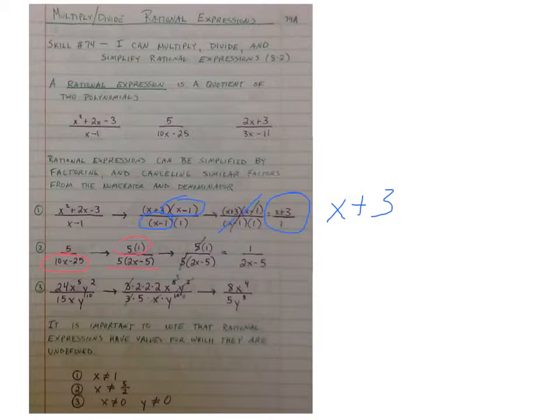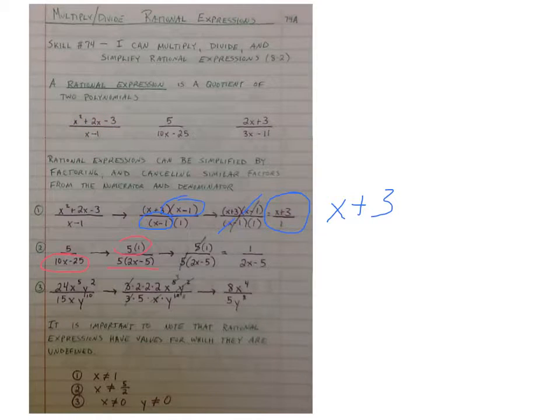So when we are done simplifying a rational expression, one thing that we need to keep in mind is that there's a constraint on the domain, or there's values that we cannot plug in because we would create some sort of math conundrum. For example, we wouldn't want to plug a positive 1 into the denominator here because 1 minus 1 is 0, and we can't divide by 0.